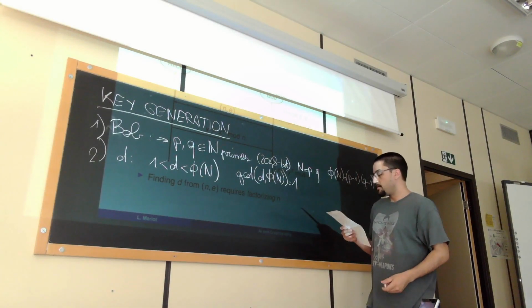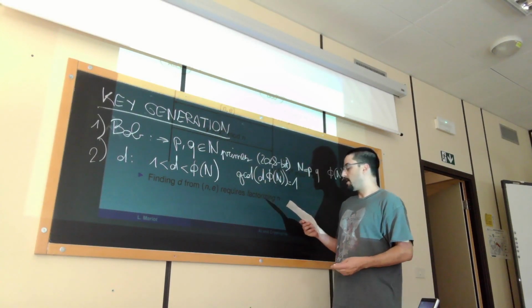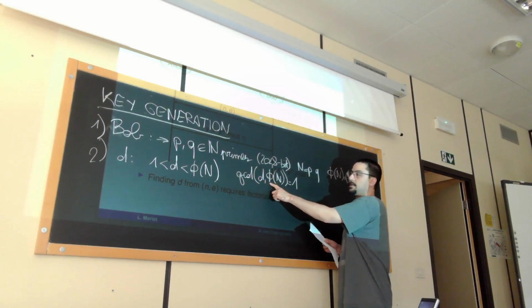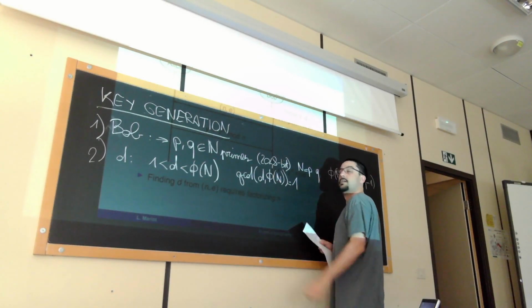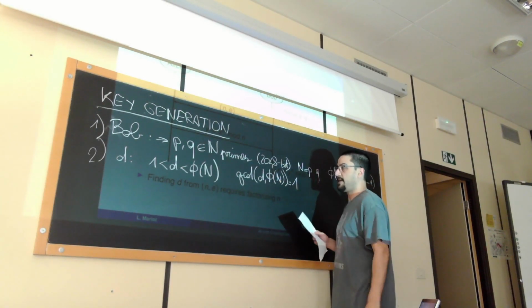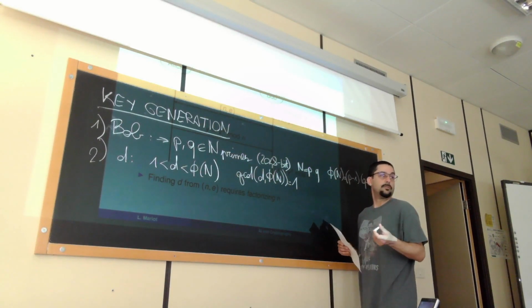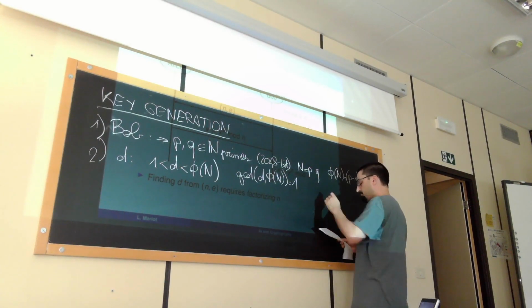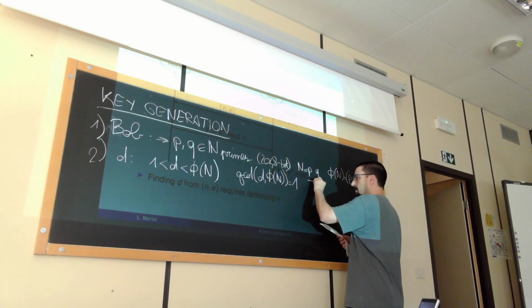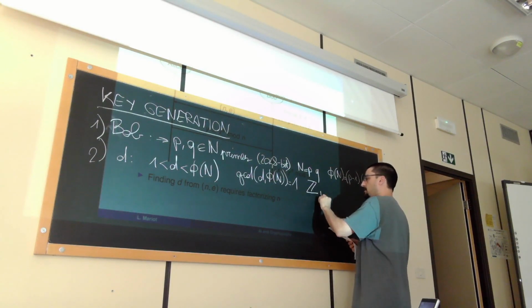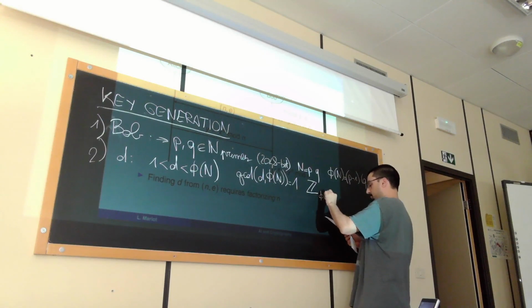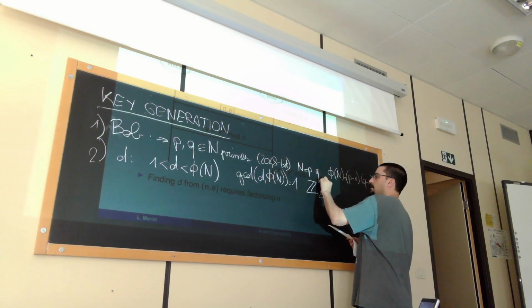Now he will do what? Since d is coprime to phi of n, it means that d has a multiplicative inverse over the multiplicative group Z of phi of n star.